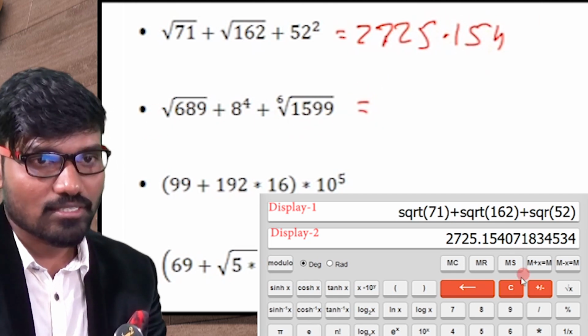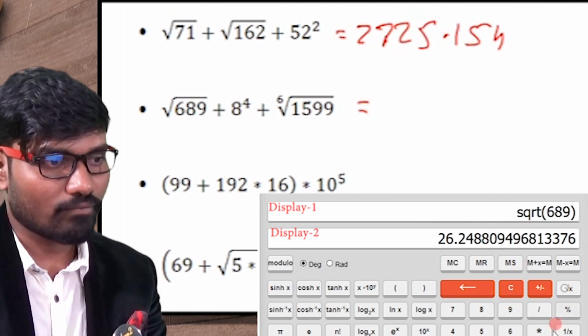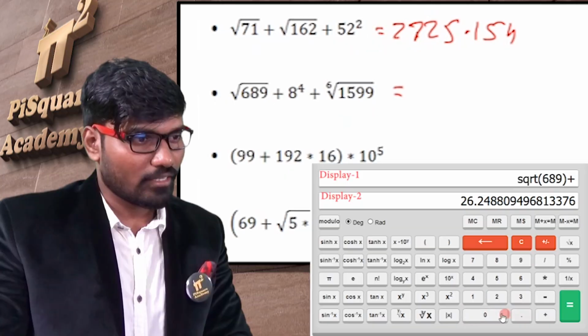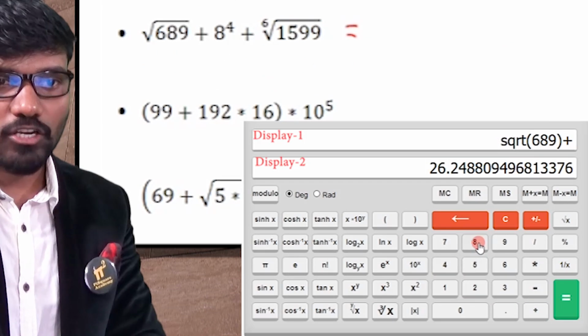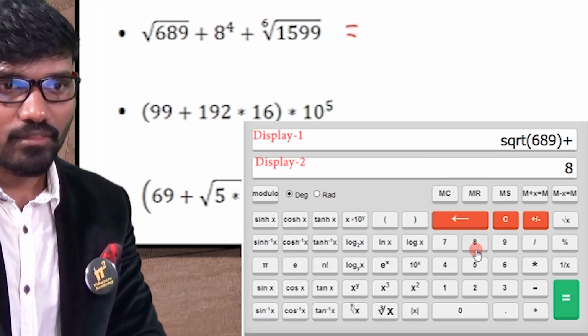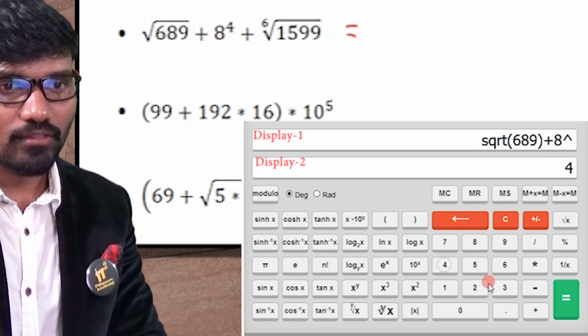This operation. Let's clear it. Square root of 689 plus 8 power 4. 8 power 4 means x power y. So I should enter the value of x first, that is 8 first. Then hit this button. Okay. Then the y value is 4.